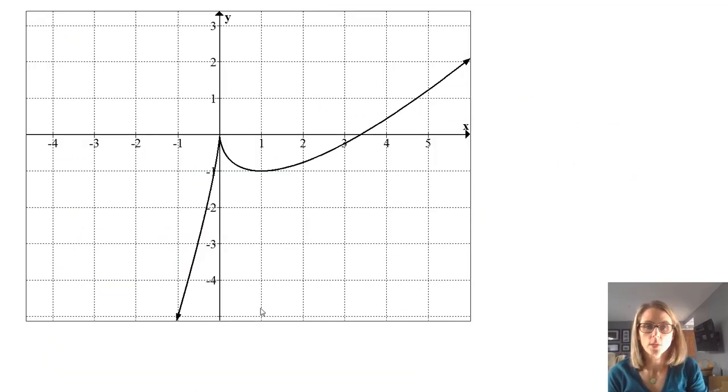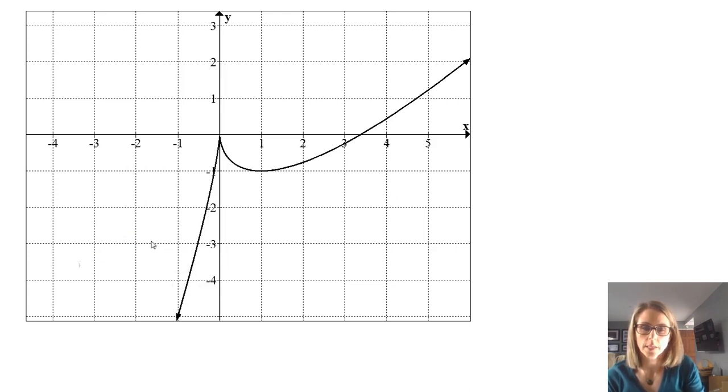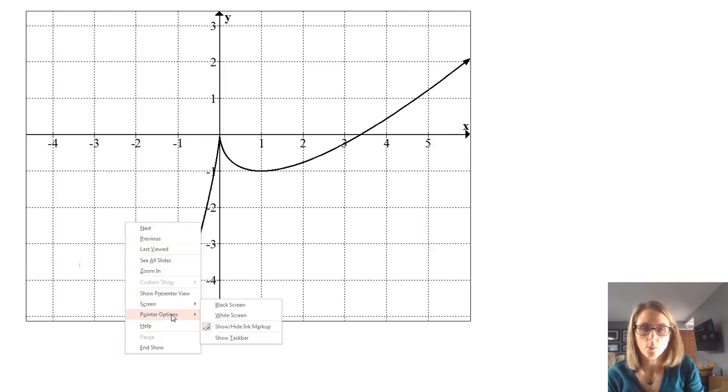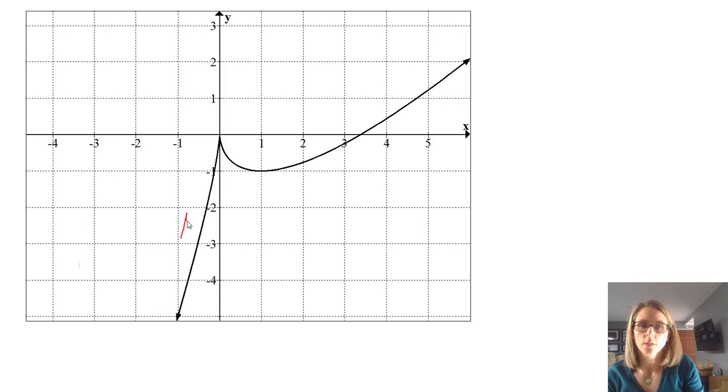Okay, so notice that we have our function that's increasing all the way up to 0, 0. If you want, I can do my annotations in red. So notice that we have a function that's increasing up to 0, 0, and that's a local max, and then here's our 1, negative 1, so you can see right there that we have a local min.